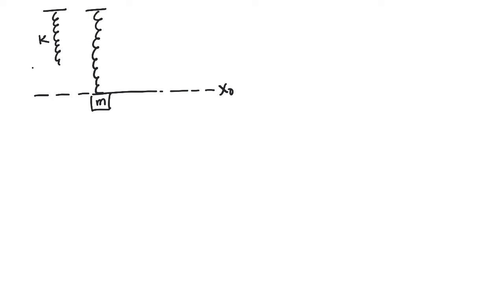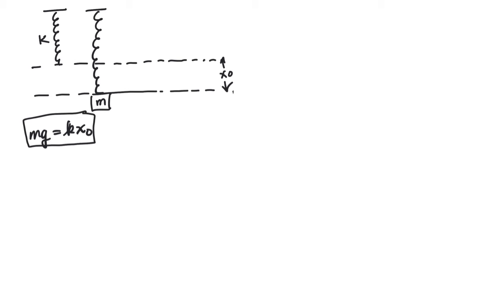The spring has actually stretched a distance x naught. This distance here is x naught. Now that equilibrium position of the spring tells us that mg equals kx naught, and that will be useful to us later on in our derivation.